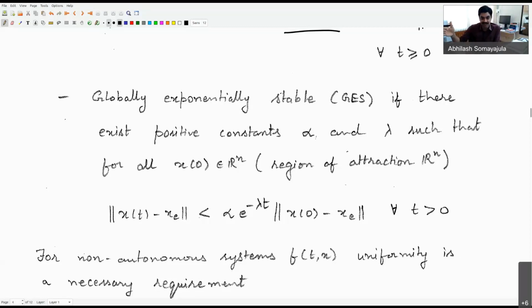So there is a cascade: stability, asymptotic stability, exponential stability. Exponential stability means the other two exist. Asymptotic stability means stability exists, but asymptotic stability does not mean exponential stability exists. So that is the primary idea.